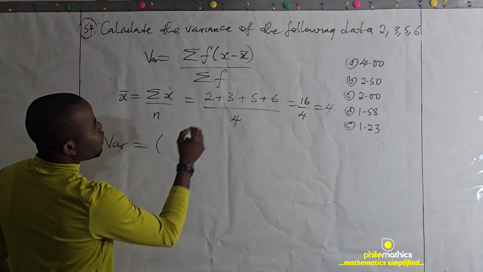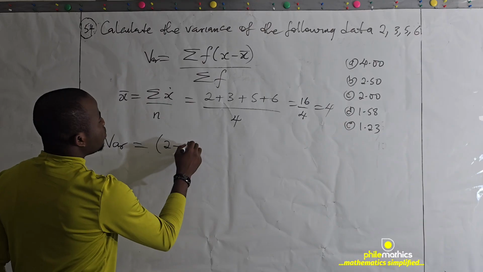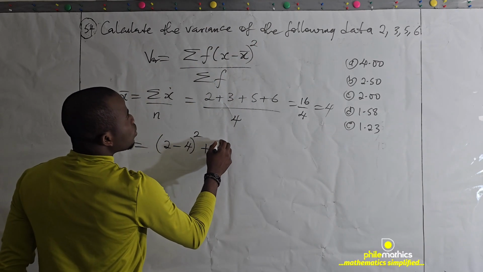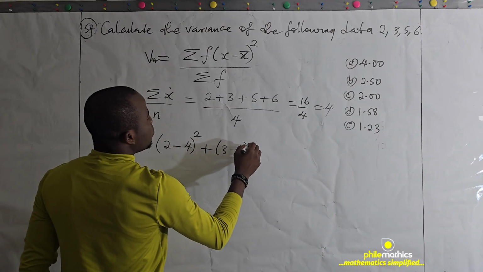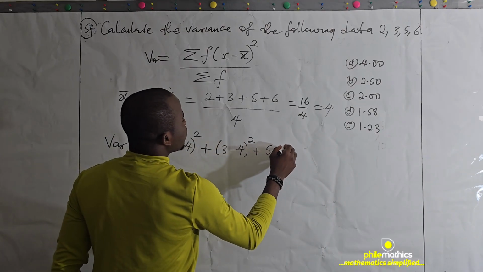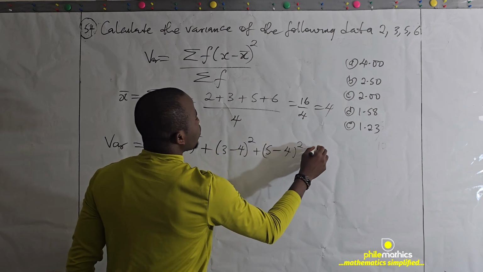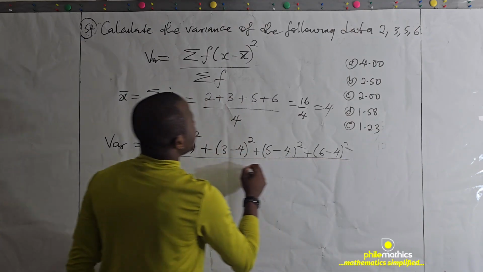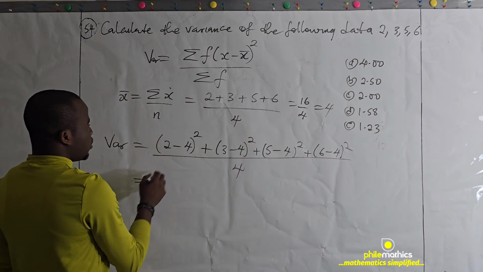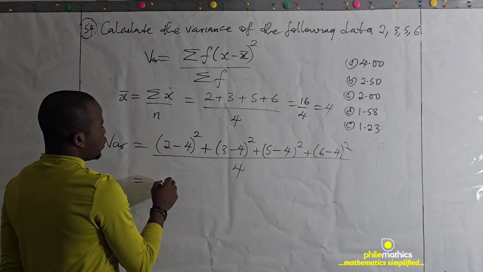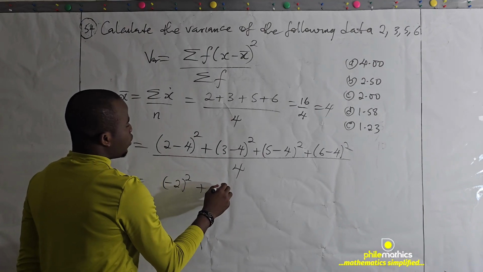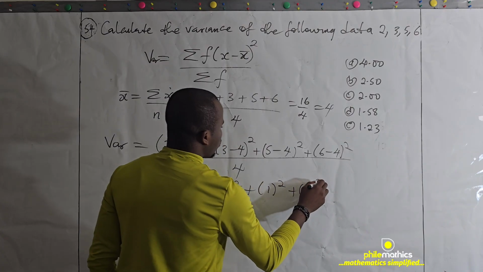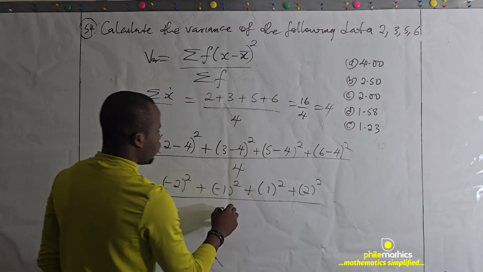So this will be 2 minus the mean all square plus 3 minus the mean all square plus 5 minus the mean all square plus 6 minus the mean all square over how many they are, which is 4. 2 minus 4 is minus 2, this square, minus 1 square, 1 square, 2 square, everything over 4.